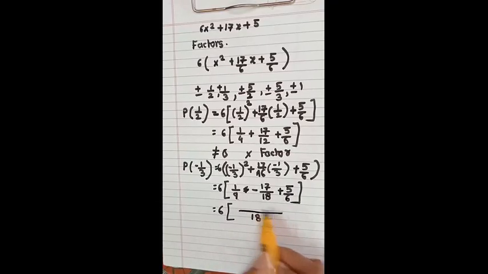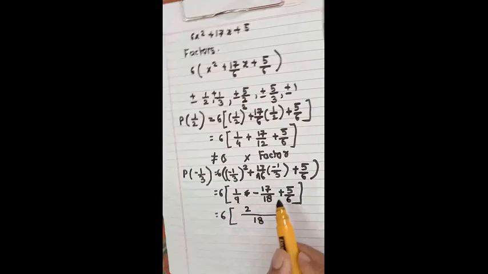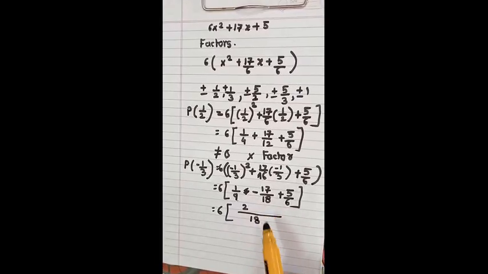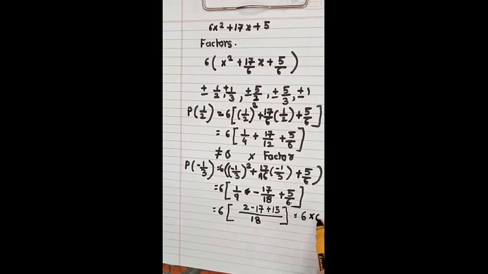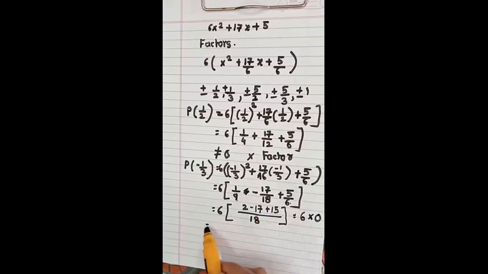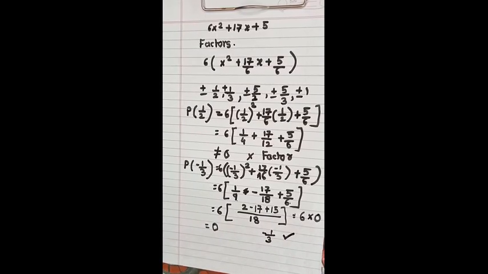So you may have 1, 9 2s are, 2 1s are 2, minus 17, 6 3s are 18, so 5 3s are 15. So you get here 6 into 0. So this becomes 0. So minus 1 upon 3 is a factor.